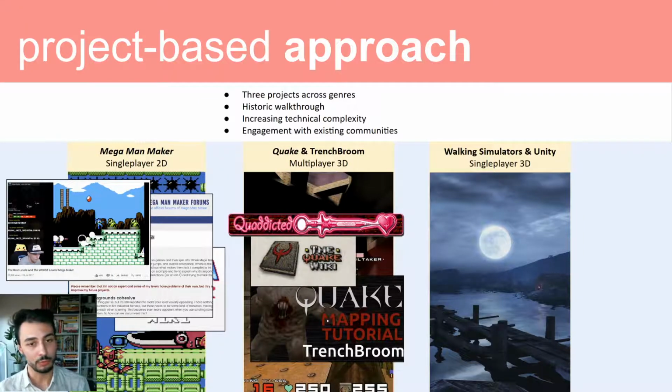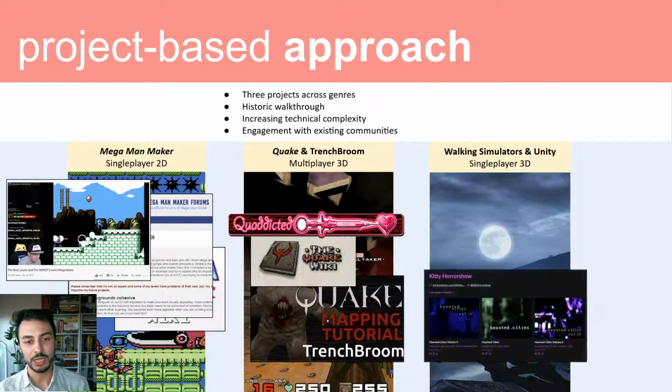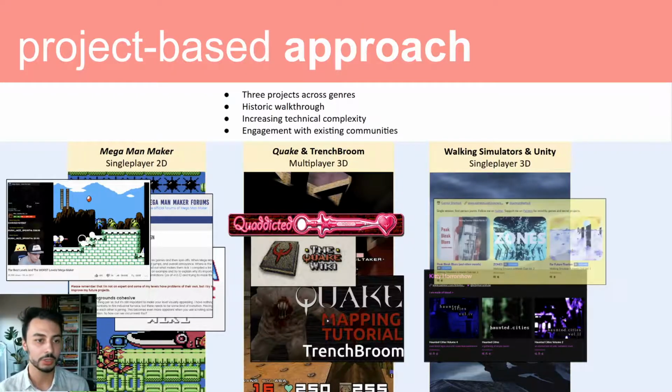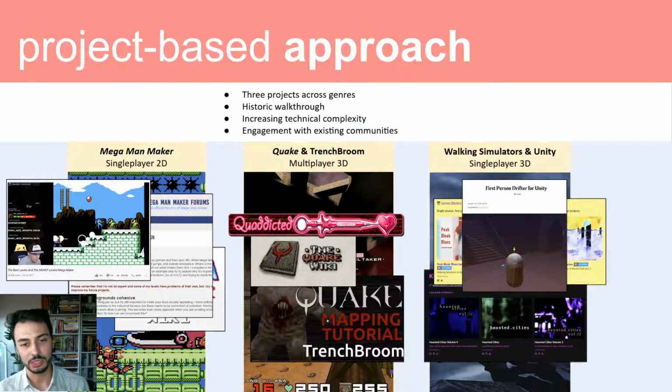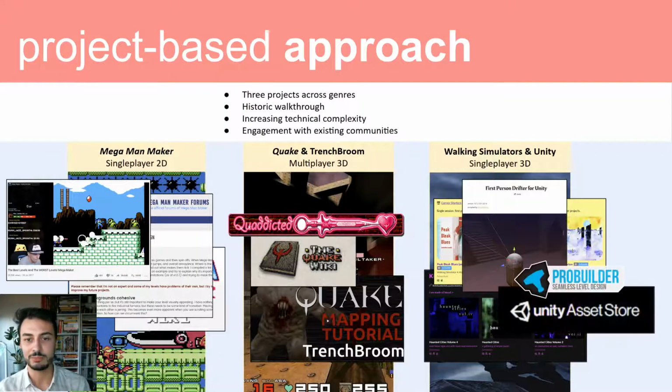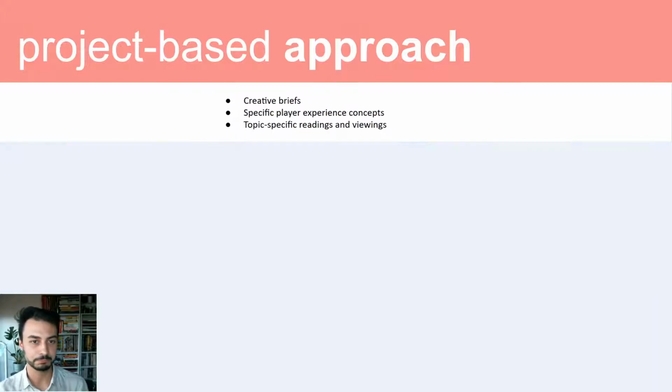And for walking simulators, looking at the variety of small-scale walking simulators on itch.io made by people like Kitty Horror Show, Connor Sherlock, and then utilizing a variety of community-made free tools that are often used by walking simulator makers, such as the first-person drifter character controller and many of the online resources and assets within the Unity platform.